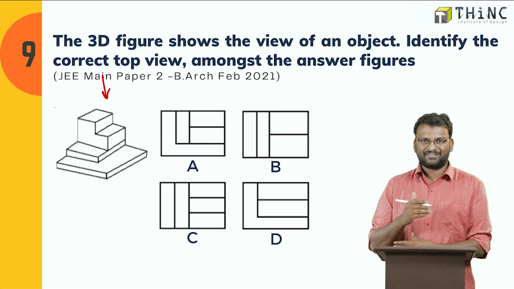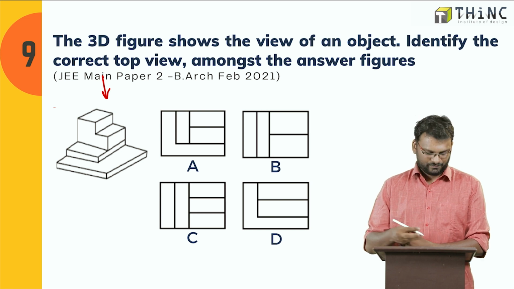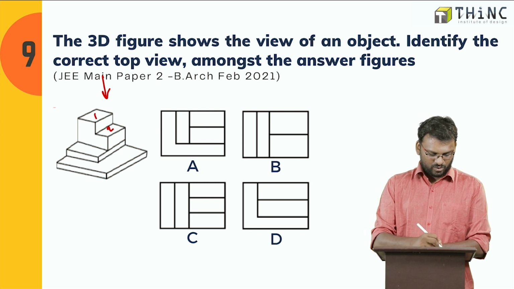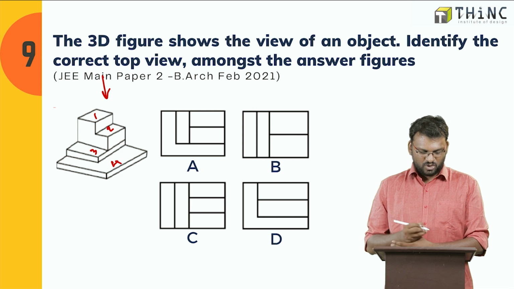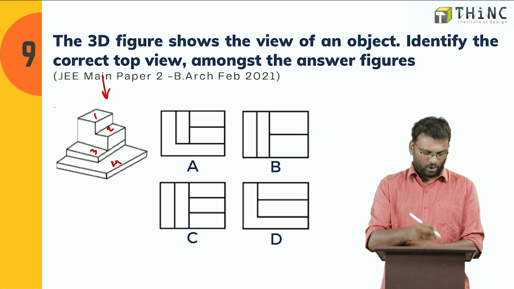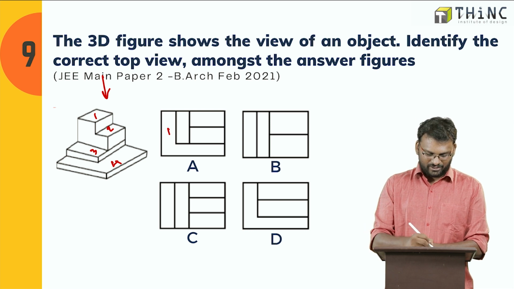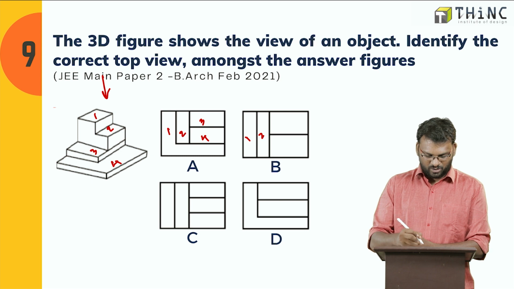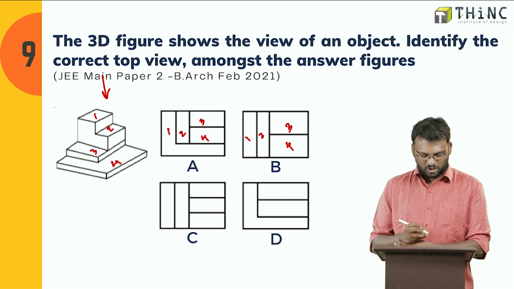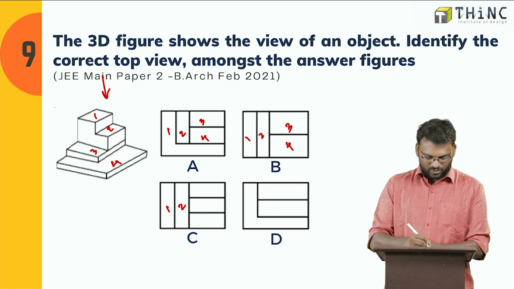Now also we can try our luck with the counting method. 1, 2, 3, 4. So 4 surfaces you are able to see from the top. Okay, so here we are looking from the top. Now 1, 2, 3, 4. Option A is okay. 1, 2, 3, 4. Option B is also okay. 1, 2, 3, 4, 5.